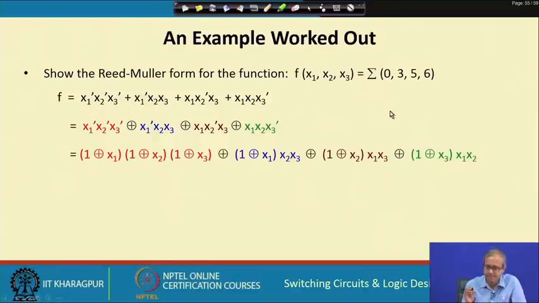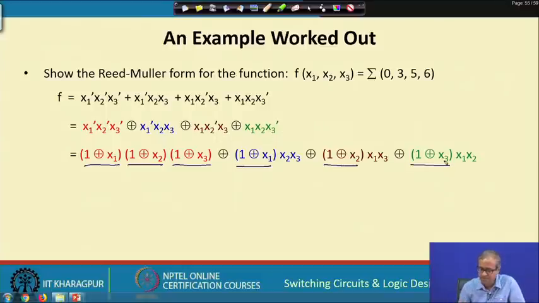Then suppose I want a positive Reed Muller form, so all variables uncomplemented. Wherever there is x 1 bar I replace it by this, x 2 bar I replace by this, x 3 bar similarly here, x 1 bar, x 2 bar, and here x 3 bar. Then I go on multiplying, like in the method I mentioned earlier.